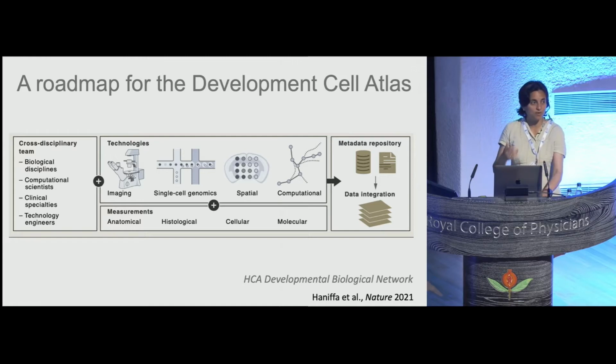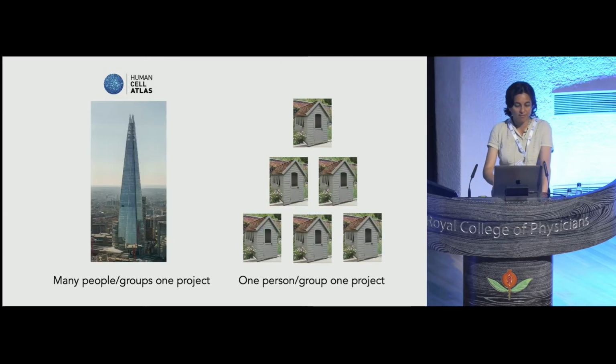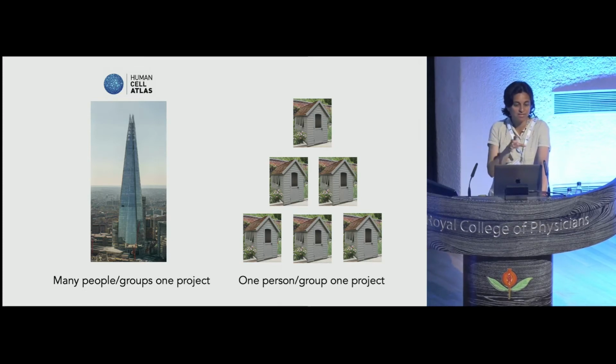And this is going to be quite difficult to achieve because most of science, particularly biological sciences, has focused on individual groups working on individual projects. What you really need is many groups coming together to work on one project. The effort is very different, the approach is very different.